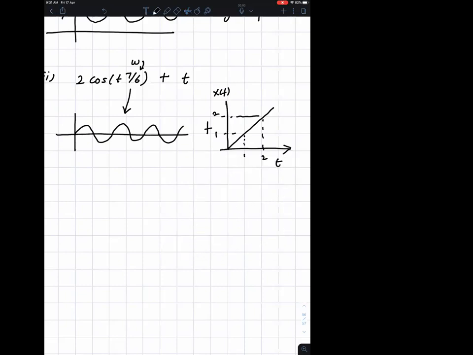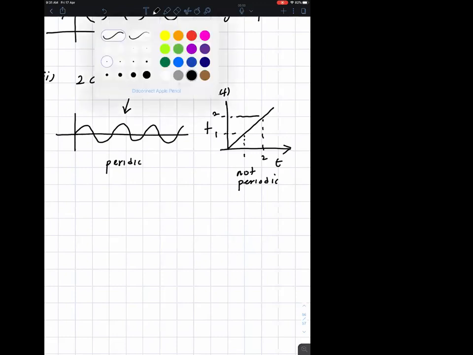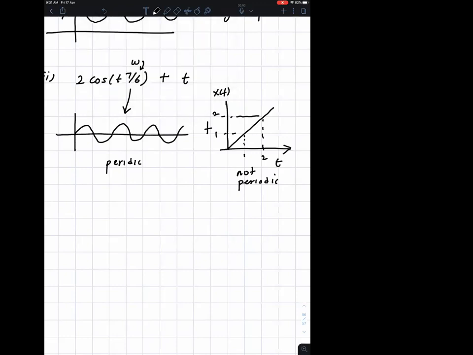So what happens if you add these two signals? Which one will win? One is not periodic, this is periodic. Which one is going to win? Non-periodic. Yes. So what will happen is this periodic signal is going to ride on the non-periodic signal.